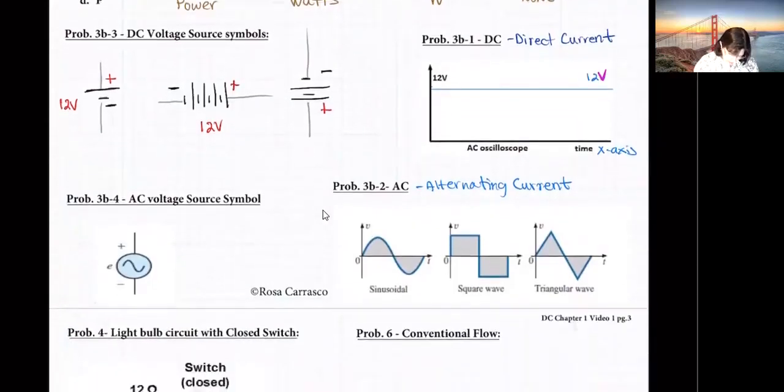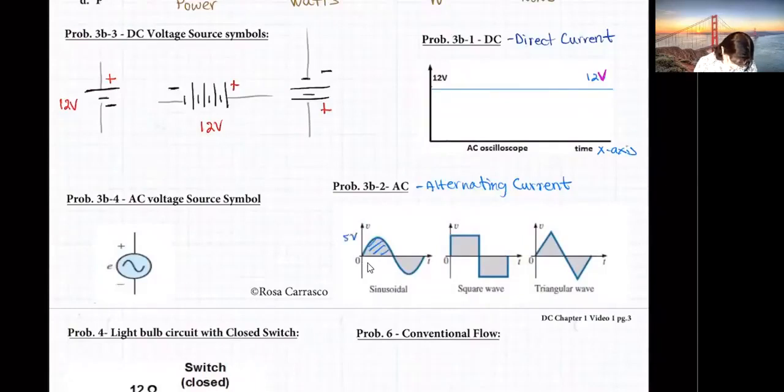All righty, so that's how a DC voltage source is. We're going to be working with DC. This is our next class. This is the symbol for an AC voltage source. So right now it's a sinusoidal. If you notice, half of this guy is on the top side of the x-axis, which means it's positive.